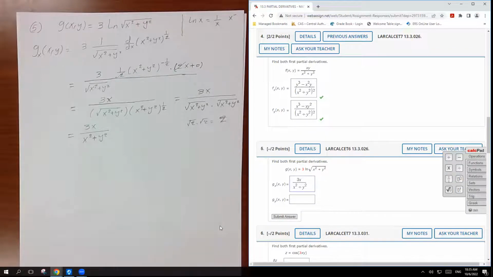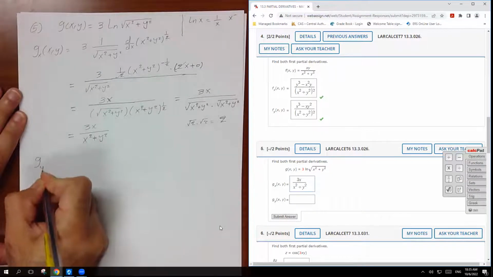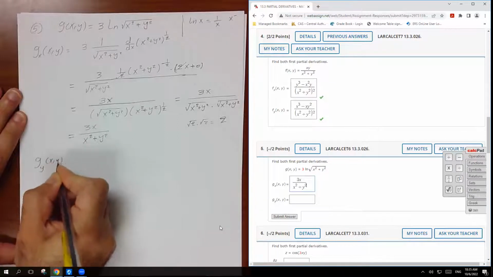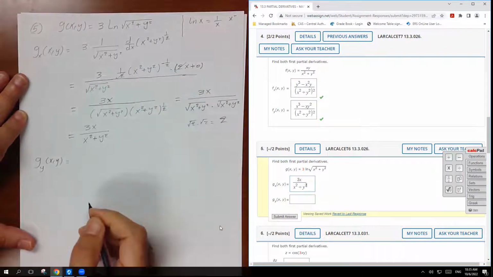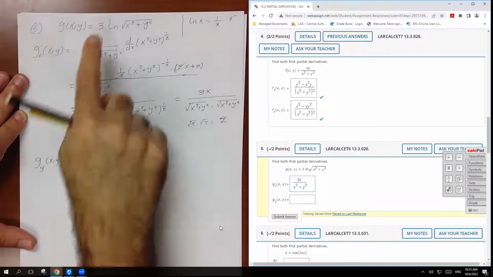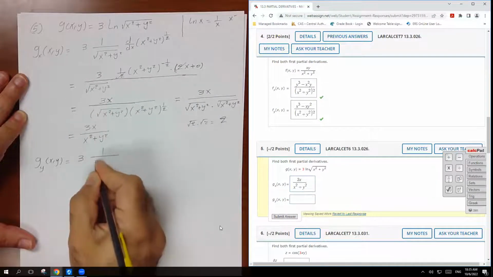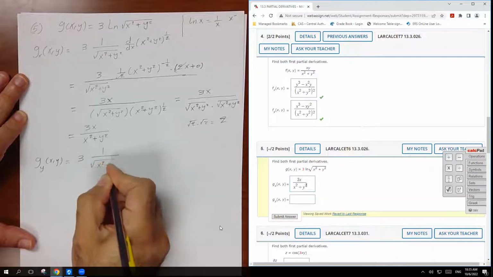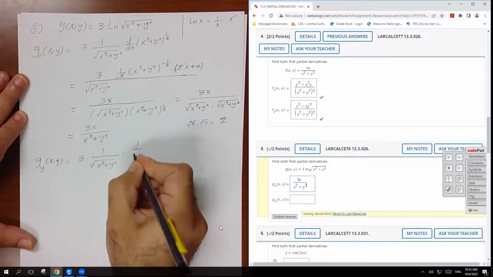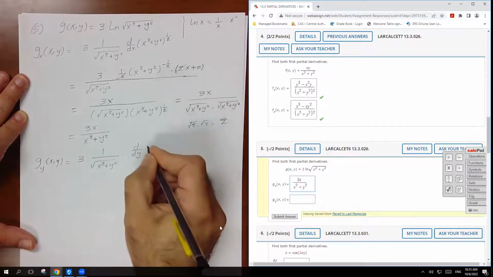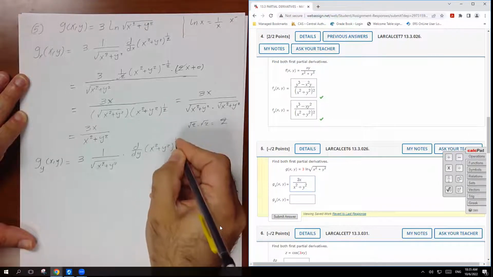Oh, I didn't find the second one. Let's find the second one, g sub y of x y. We're going to do the same thing, but now we take the derivative with respect to y. So the derivative for the ln, here is the number 3, is going to be 1 over the square root of x squared plus y squared, times the derivative with respect to y of x squared plus y squared to the half.